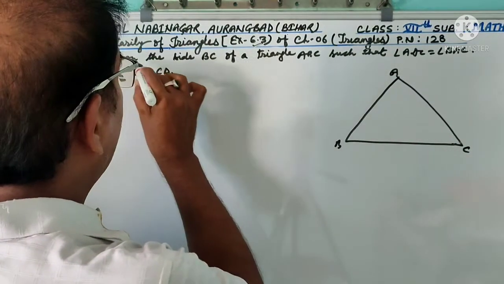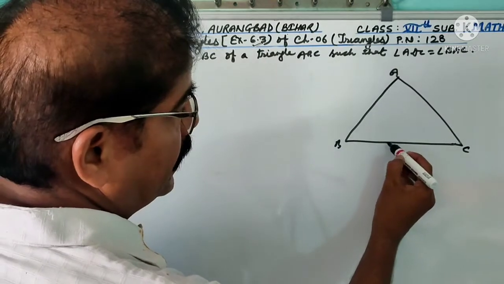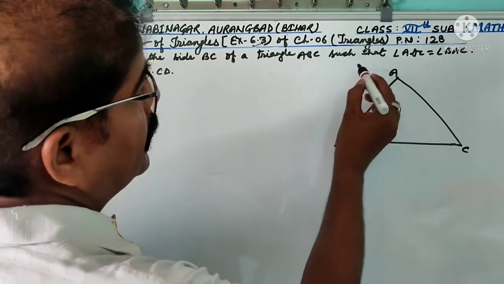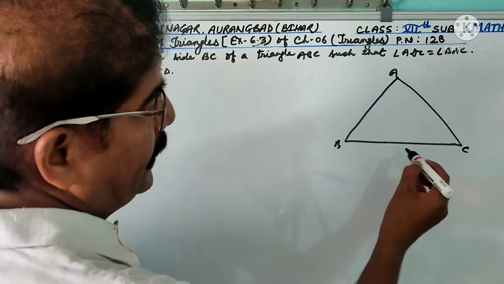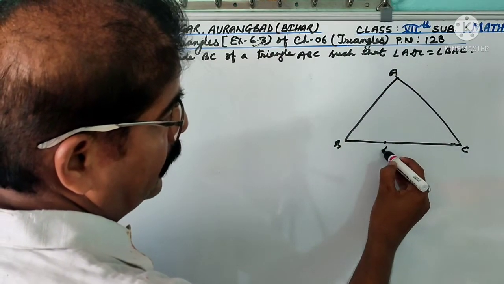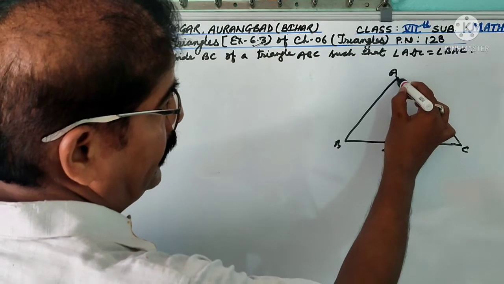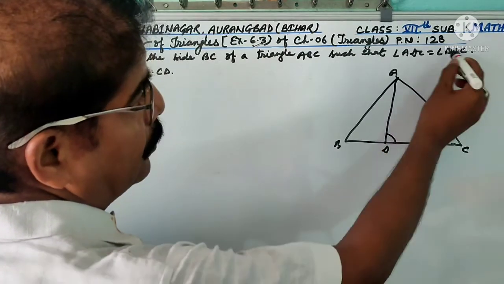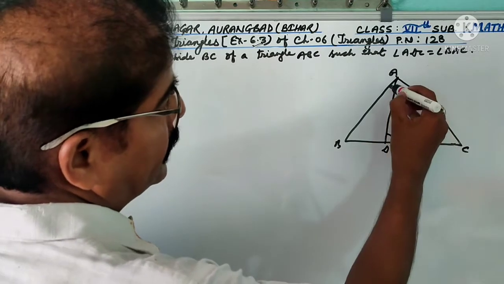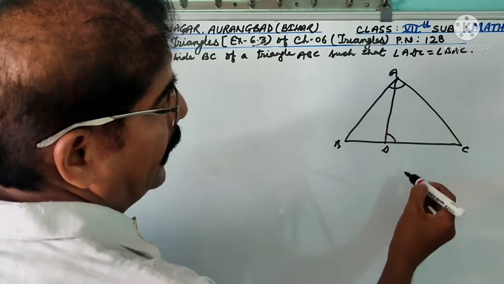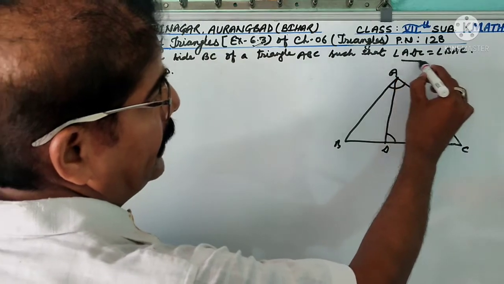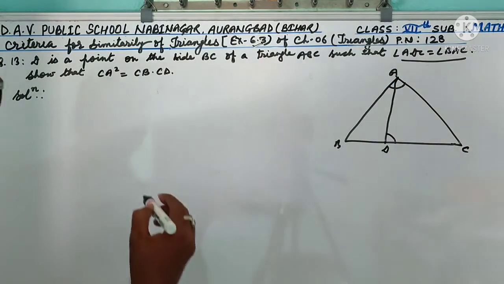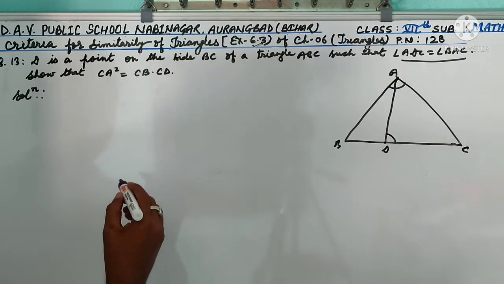D is a point on the side BC of triangle ABC such that angle ADC equals angle BAC. Prove that CA square equals CB into CD.